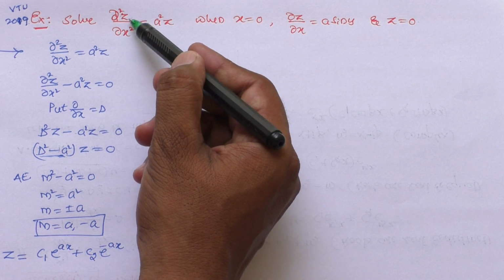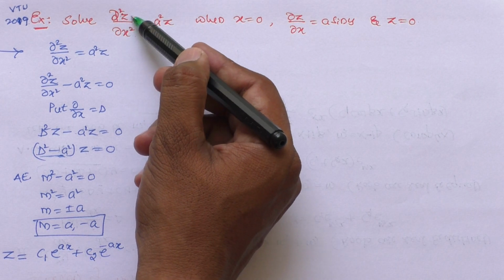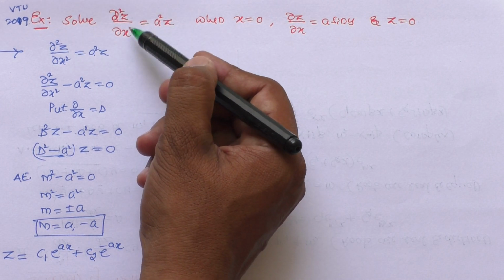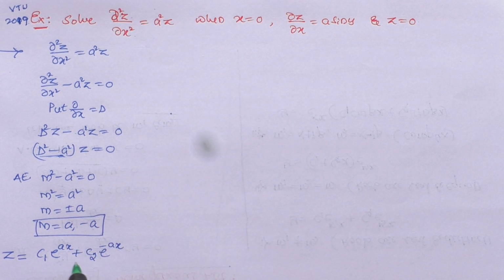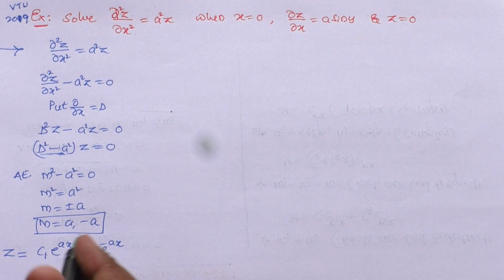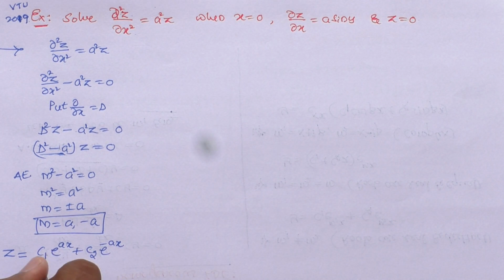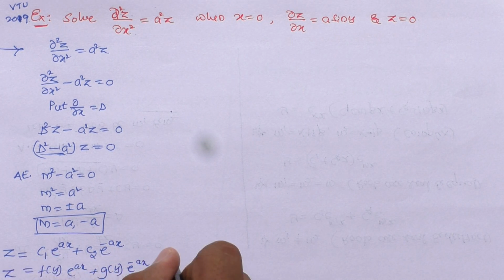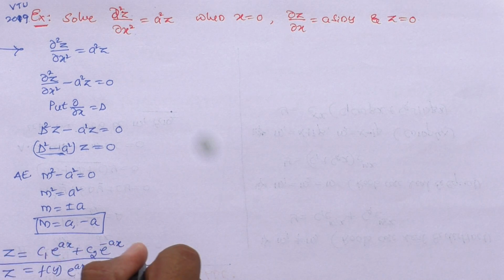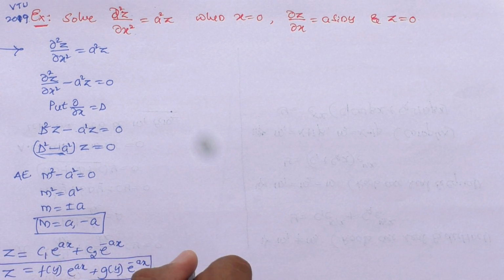Whenever it is a partial differentiation, when we are differentiating with respect to x, the y term is constant. So whatever constants we have considered, these are y terms. So we write it as f of y e raised to ax plus g of y e raised to minus ax. Consider this as equation number 1.